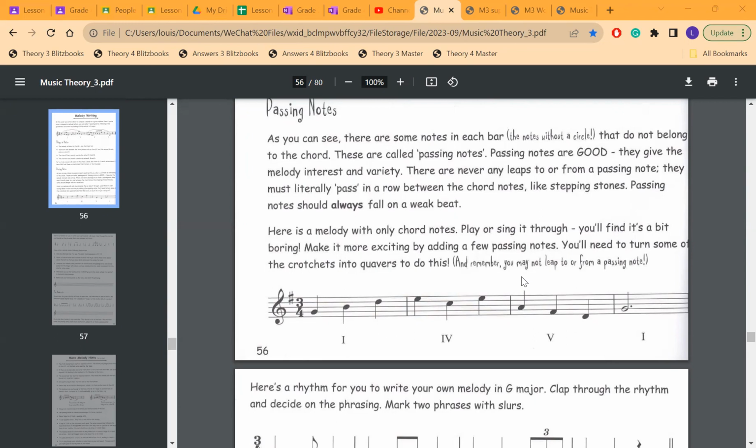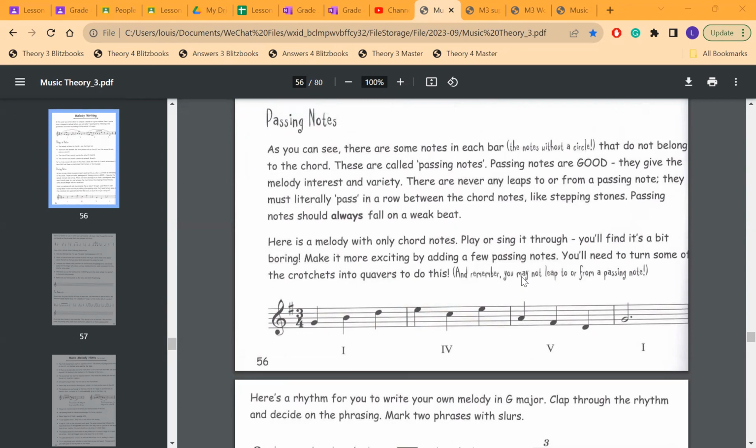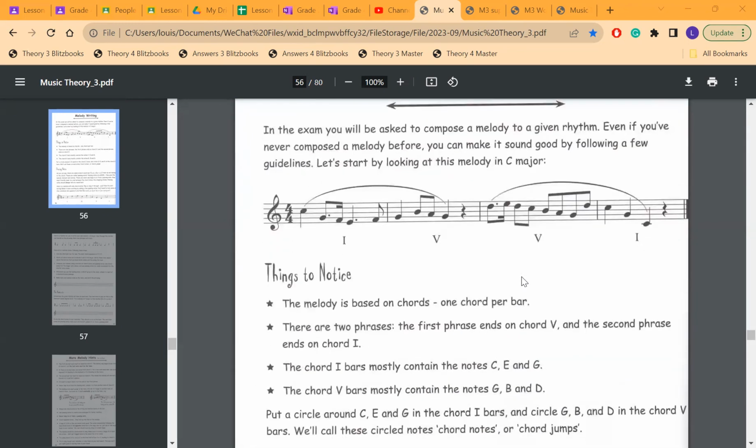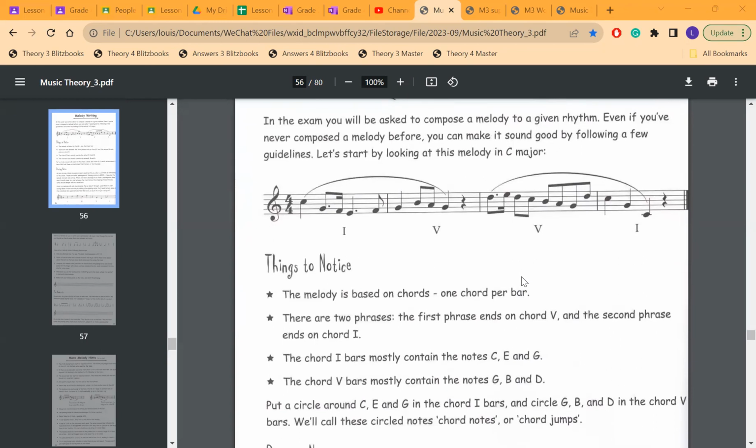If you start basing your melody off a structure of chords, I recommend you do 1-5, then 5-1, or 1-4, then 5-1. Those are the two best chord progressions to use.